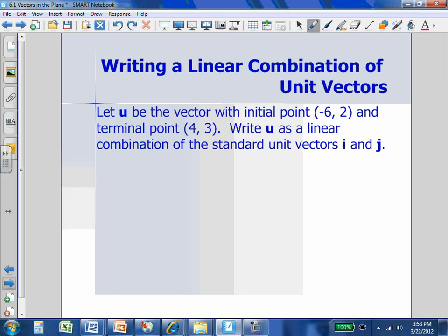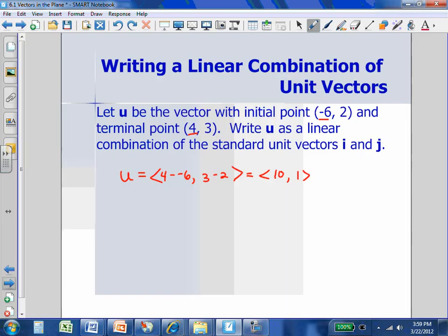So u is going to be, I'll put it in component form first. We're going to take 4 minus -6, so head minus tail, and then we'll take 3 minus 2. So it is 10, comma 1. And that is our component form.